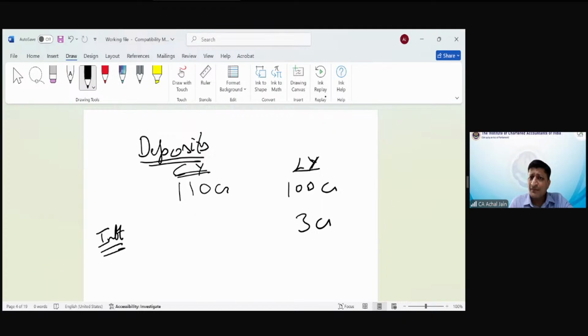So what does it mean? On an average, it was 3% of the total deposits. Correct?